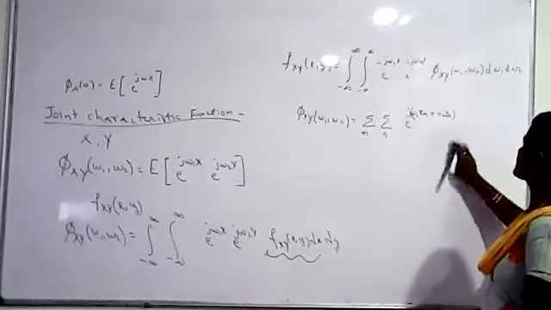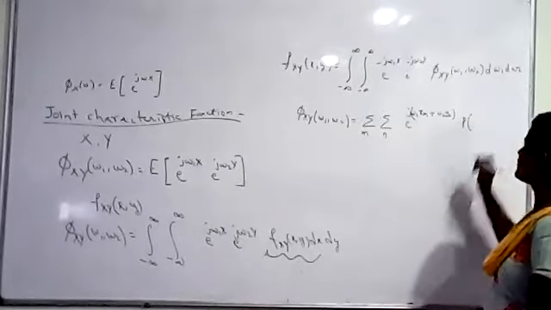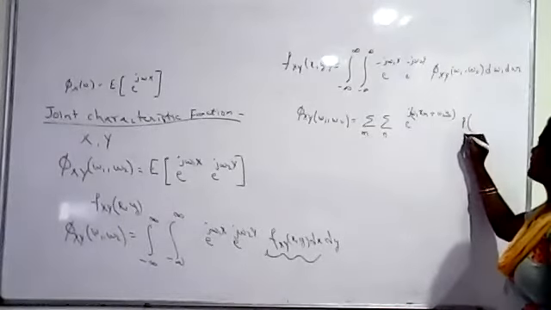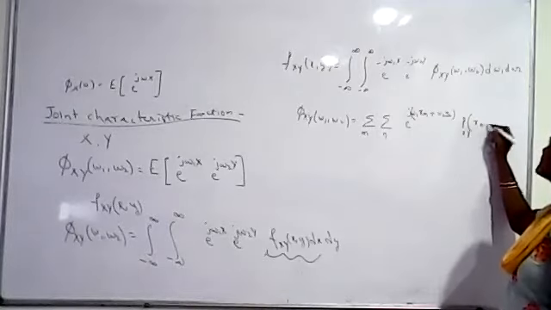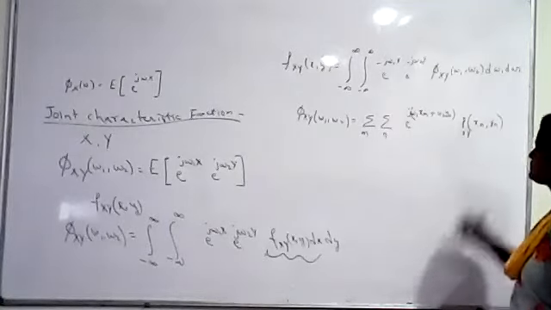Here we are taking discrete random variables, so we will have the probability mass function, which is a function of xm, yn.